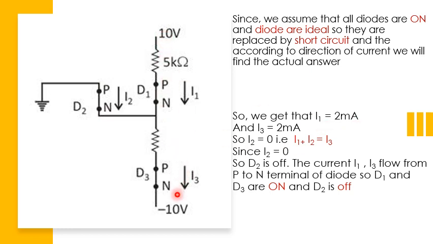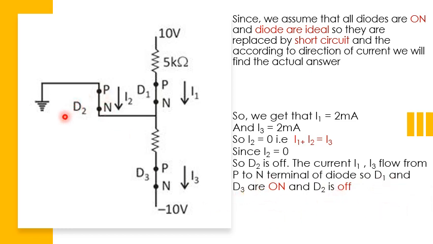I3 also is 2 milliamps. So what is your I2? I2 is nothing but I3 minus I1, which is 0. So D2 is off. The currents I1 and I3 flow from the P to N terminal of the diode, so D1 and D3 are on and D2 is off.